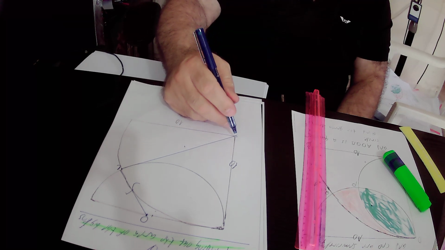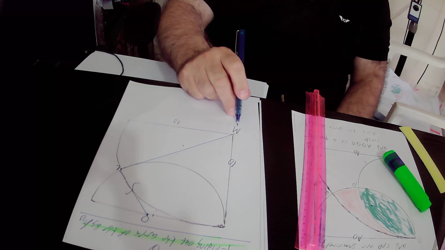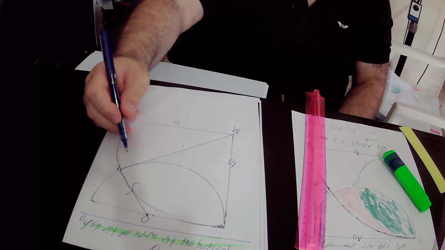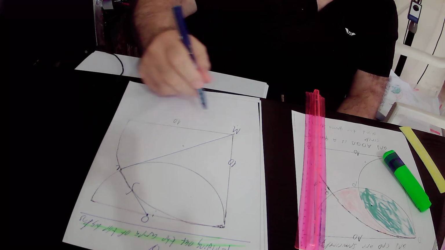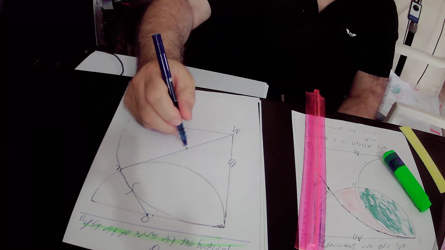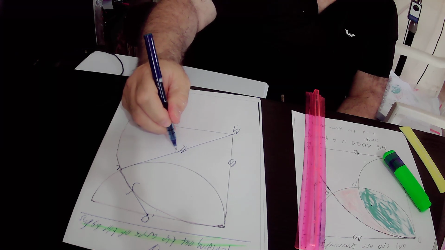We define the center of the quarter circle as M. Point M is the center of the quarter circle, point L is a point on the quarter circle itself, therefore ML is the radius of the quarter circle that is equal to 10 units.